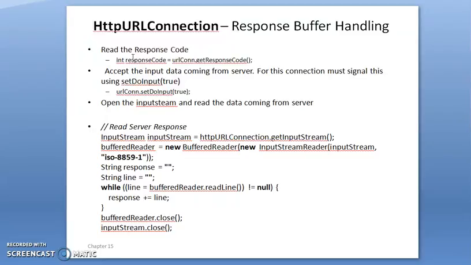Having done that, we get the input stream by calling getInputStream, and we can convert the input stream to a buffered reader and read the data line by line. Like here we can have a statement like line is equal to bufferedReader.readLine, and then we append it to the response string.